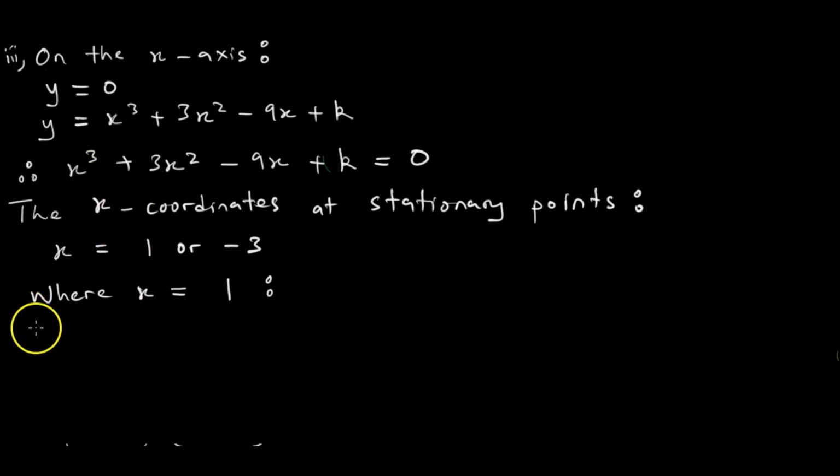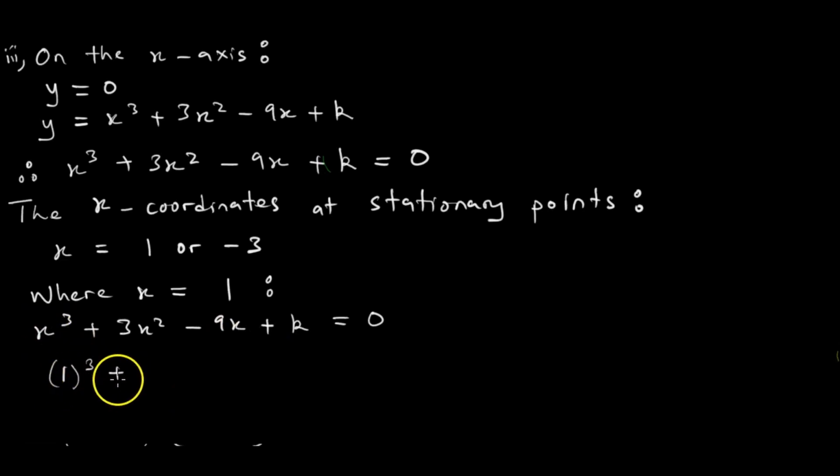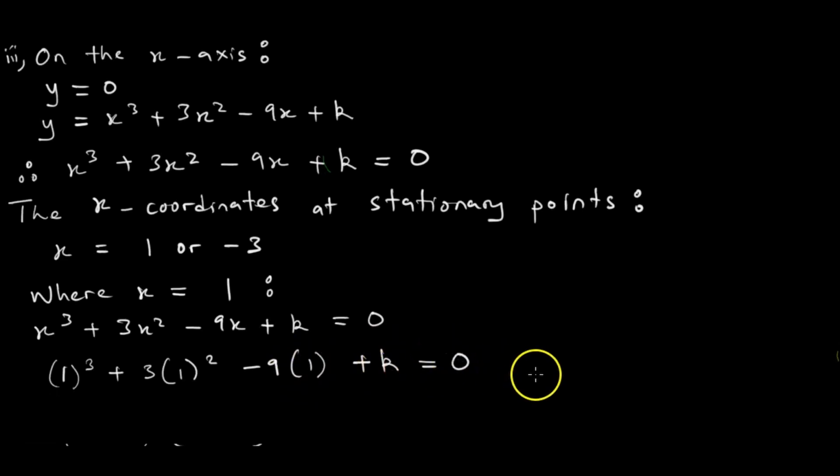We take the equation x cubed plus 3x squared minus 9x plus k is equal to 0. When x is equal to 1, we have to substitute 1 into that function, that equation. So everywhere there is x we put 1: 1 cubed plus 3 multiplying 1 squared minus 9 multiplying 1 plus k is equal to 0.